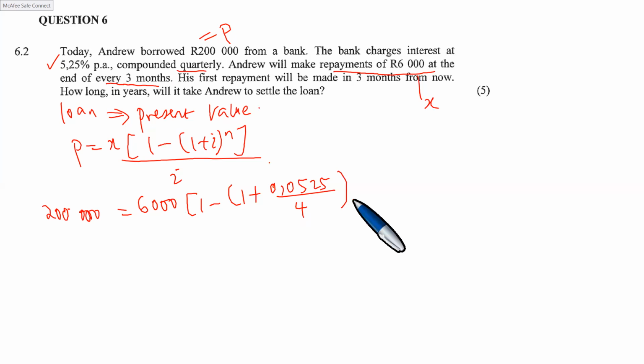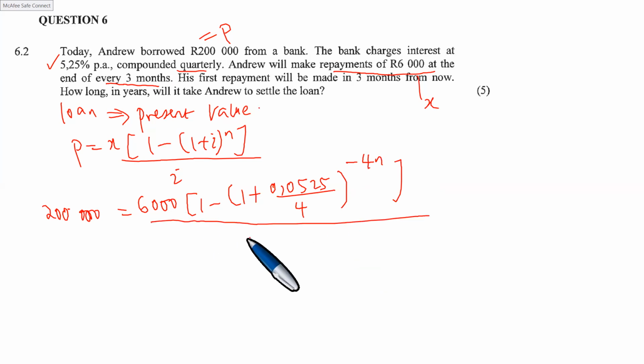Now here we don't know how long in years. So we're going to multiply n by 4 here. And we divide everything by i. i is our interest rate, and therefore the interest rate is 0.0525. You divide everything by 4.